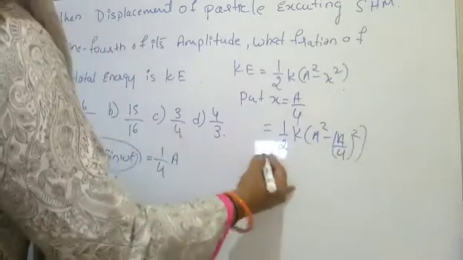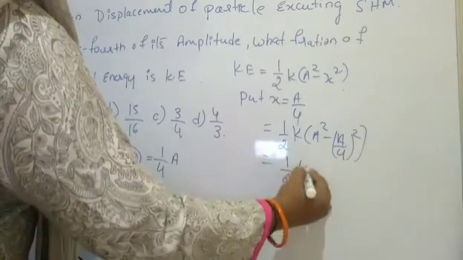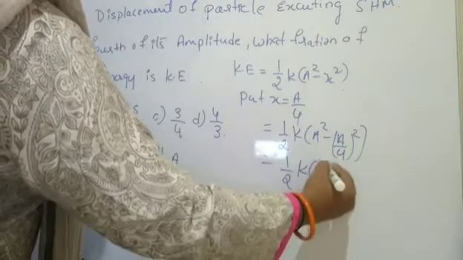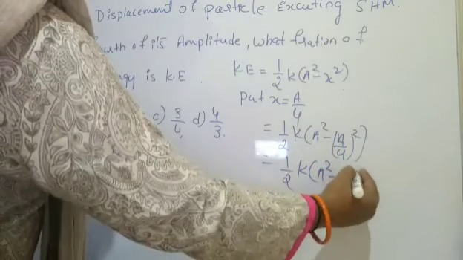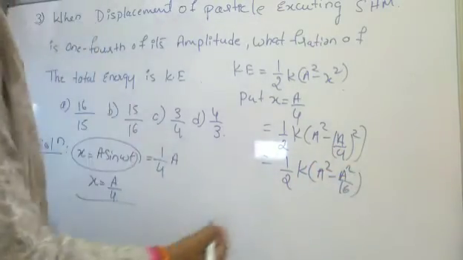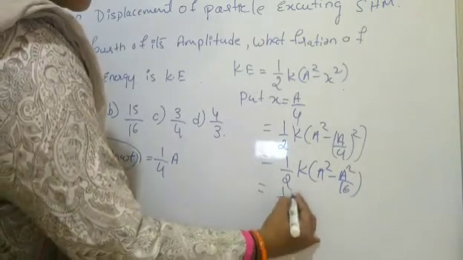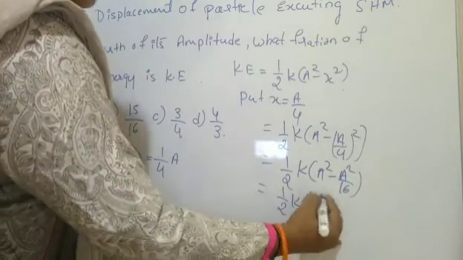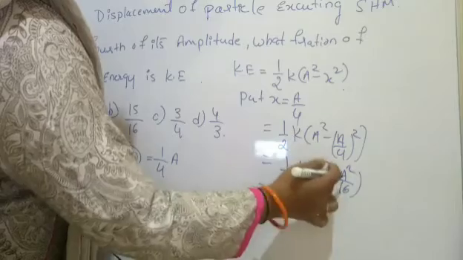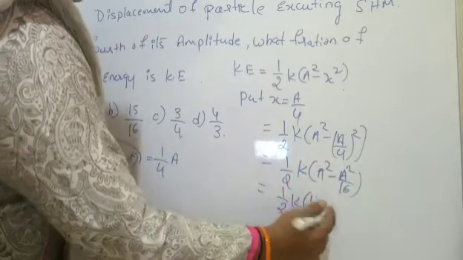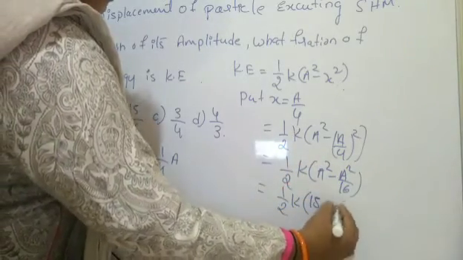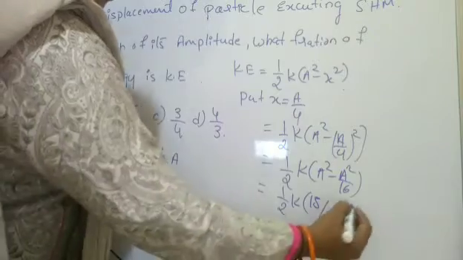Right, what we are getting is 1 by 2 K, A square minus A square by 16. So we are getting 1 by 2 K of 16 minus 1, that will be 15 by 16 A square.